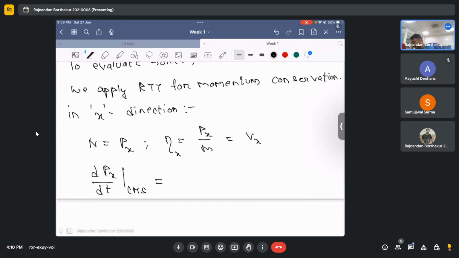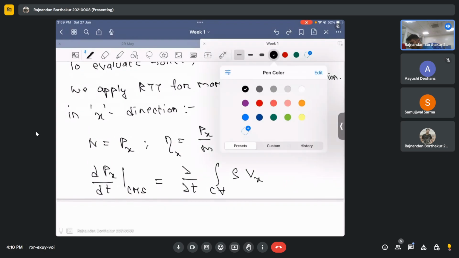For the right hand side, this can be written as del/del t of the integral over the control volume of rho times the velocity vx, since eta equals vx, so this would be rho vx dV.